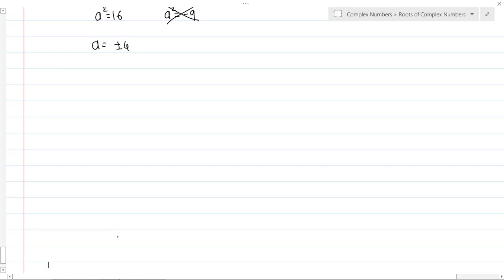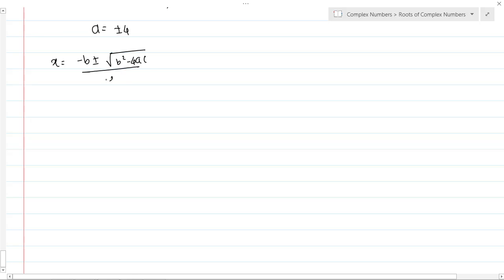So x is equal to, yes, of course it is a bit of a lengthy question, minus b plus or minus root of b square minus 4ac upon 2a. Okay, so what is minus b in our case?